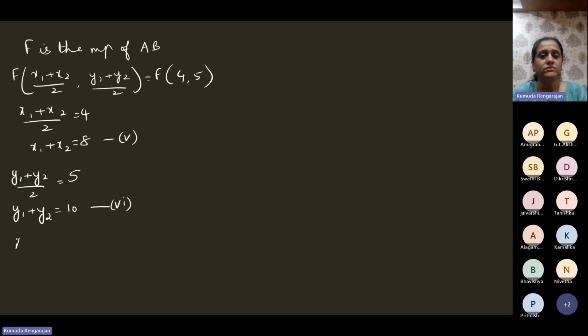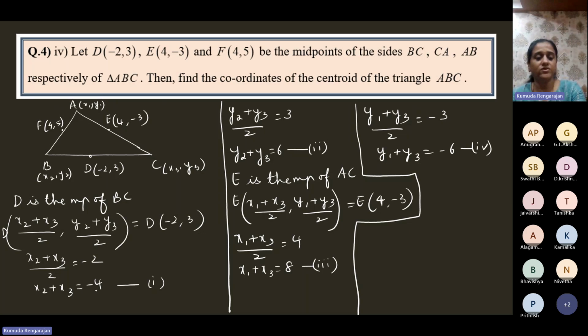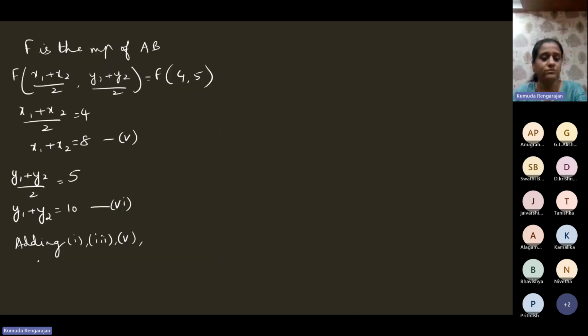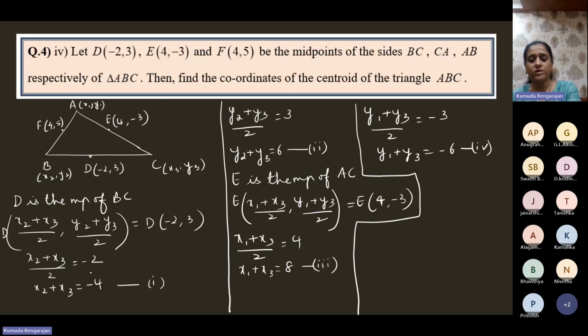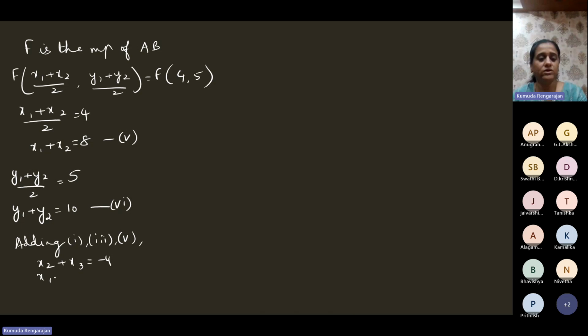Now adding 1, 3, and 5. What do we get? One is X2 plus X3 is equal to -4. Three, X1 plus X3, 8. And X1 plus X2 is equal to 8.